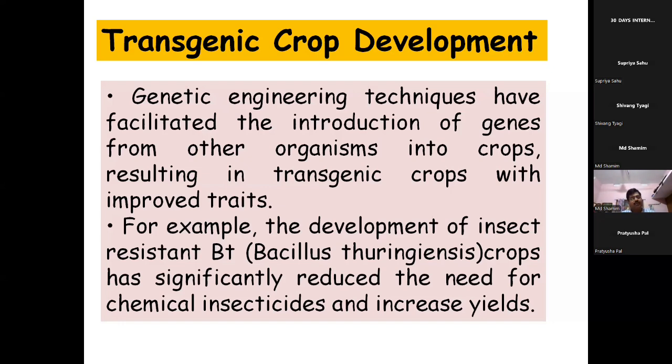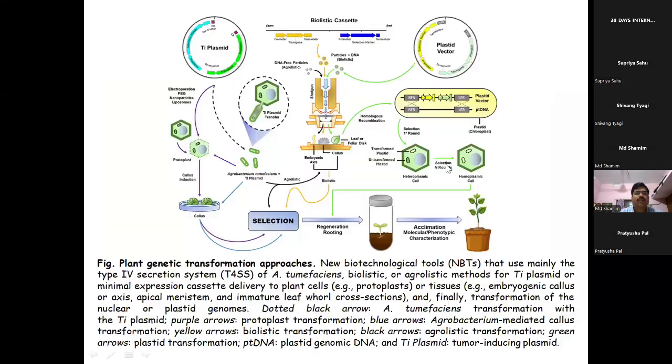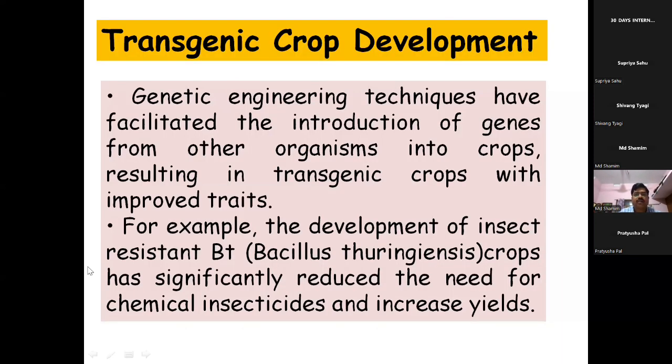And recently, one mustard variety from the Delhi University group has been approved for commercial production. Then the Supreme Court restricted that crop for commercial production. However, these transgenic crops have several advantages over conventional breeding approaches.